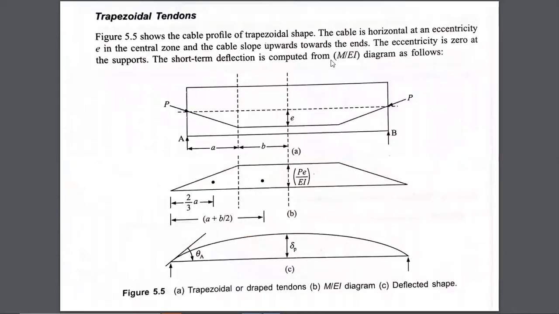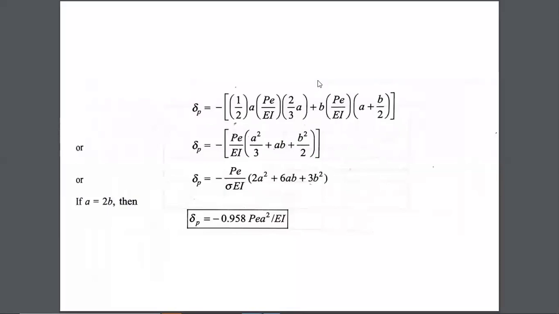So next, come to trapezoidal tendons. You can see here the trapezoidal tendons. Under this, the bending moment diagram is also trapezoidal. There are two types of shapes here. First, there is a triangle shape, and here a rectangle shape. From that you can easily find the deflection at midspan, which is minus 0.958 P E A square divided by EI.